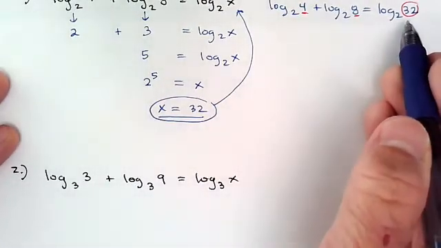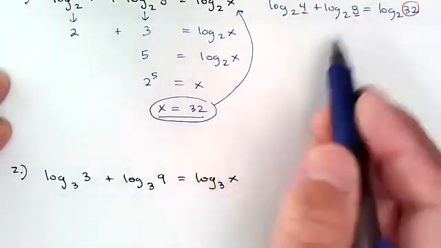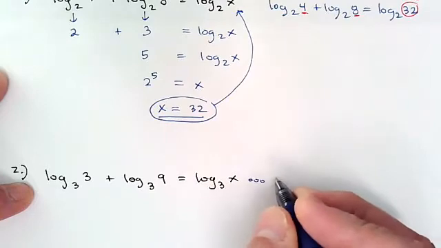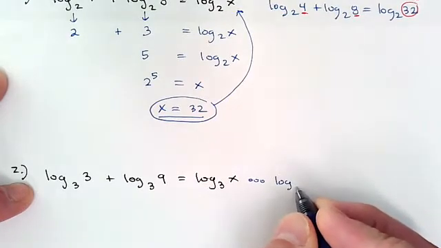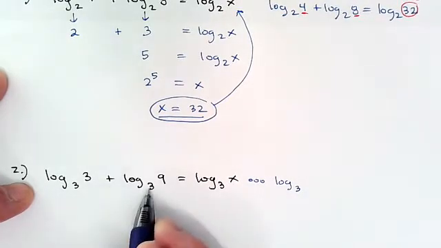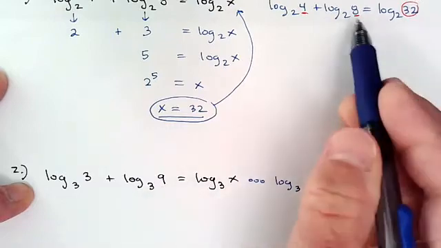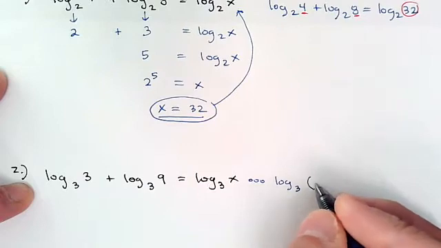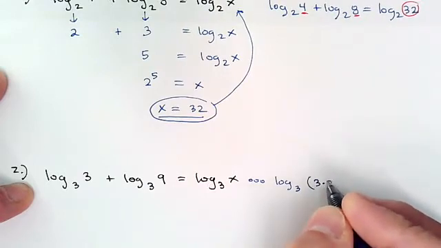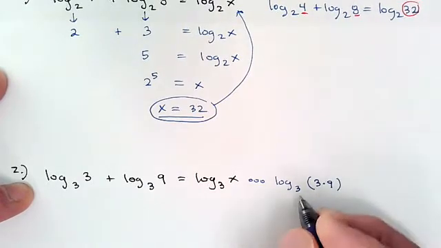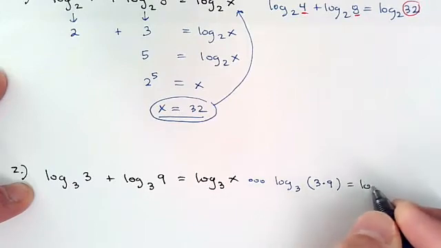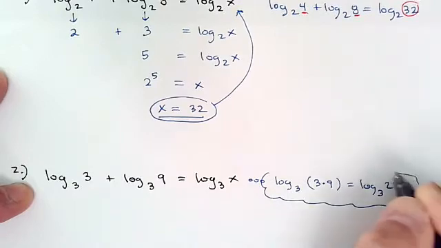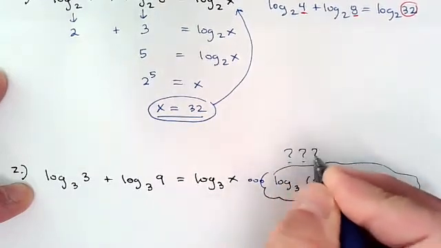If what we saw happening here would be true for this one, then what might, I'll put a little thought bubble here, the log base 3 of 3 plus the log base 3 of 9, if what's happening here happens on this problem, what are we expecting it to be? It might be 3 times 9, which is the same as the log base 3 of 27, right? We'll put a question mark. Is it going to be that?